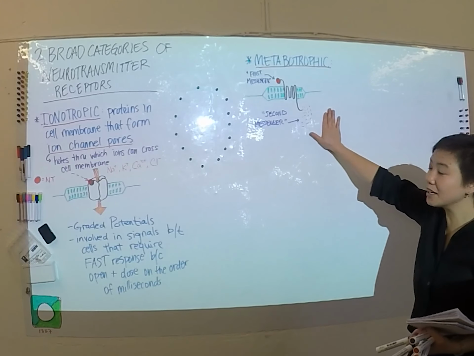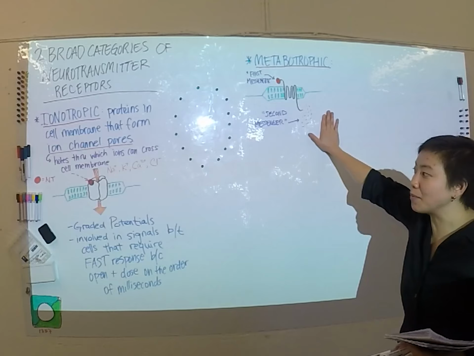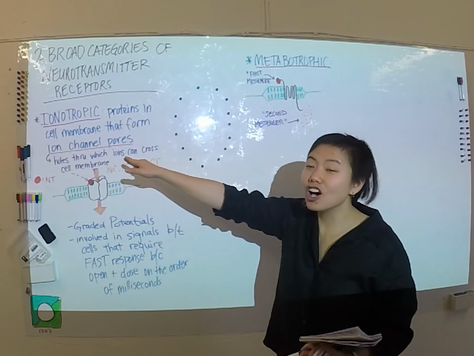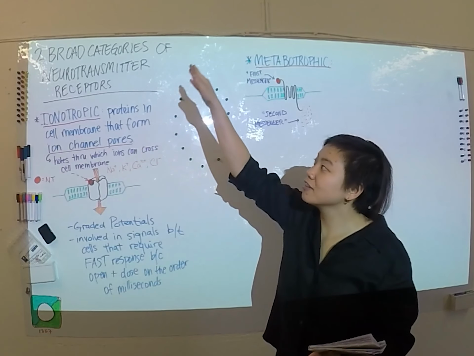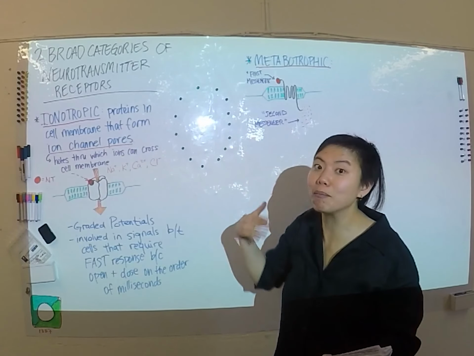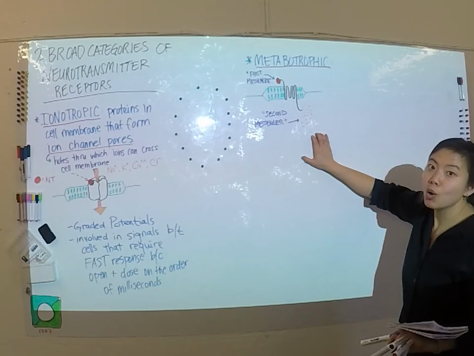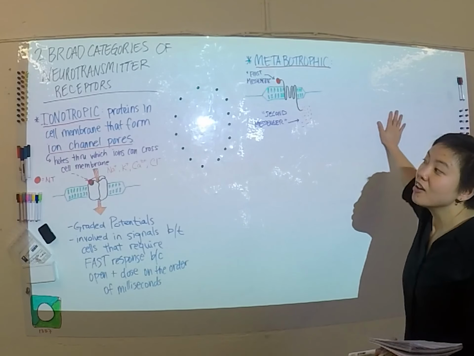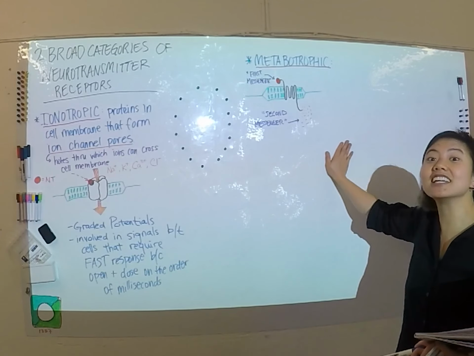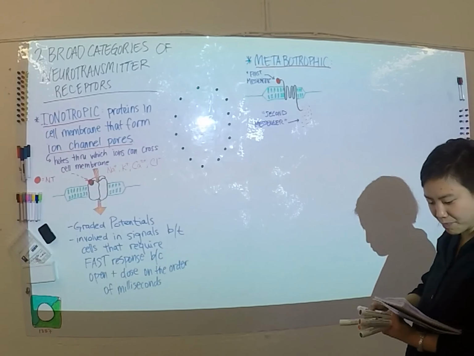Or this second messenger might activate other ionotropic receptors in the cell membrane, and the second messenger will trigger the movement of ions in and out of the cell, okay?